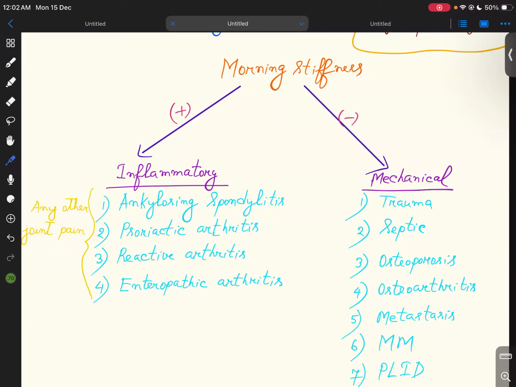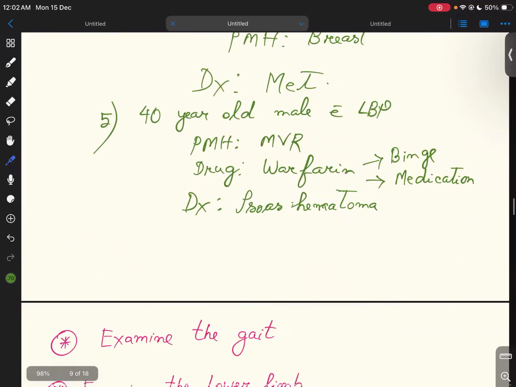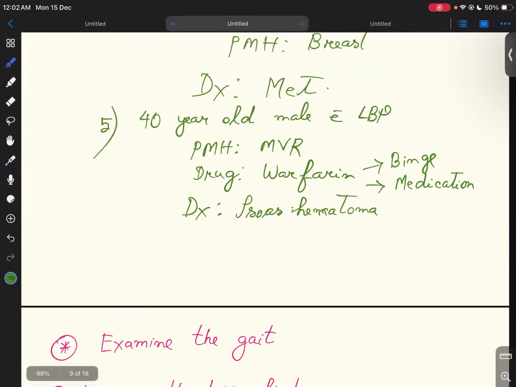For any seronegative spondyloarthritis, we have to remember the mnemonic 5A. Starting from the eye, we have to look for anterior uveitis. These are explained in detail in the physical examination video. Then at the lung, we have to look for apical fibrosis.